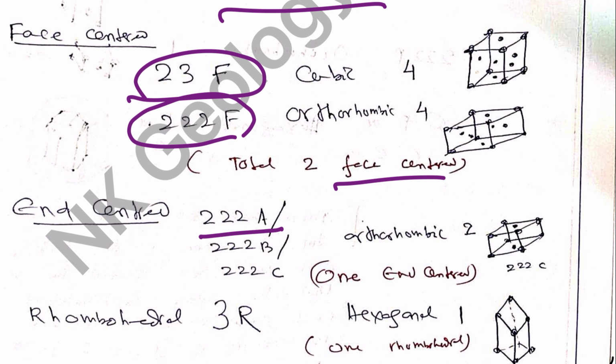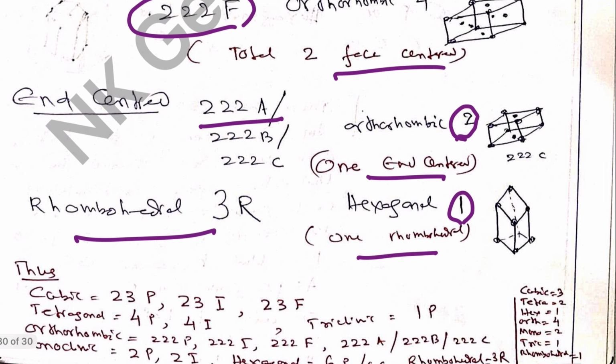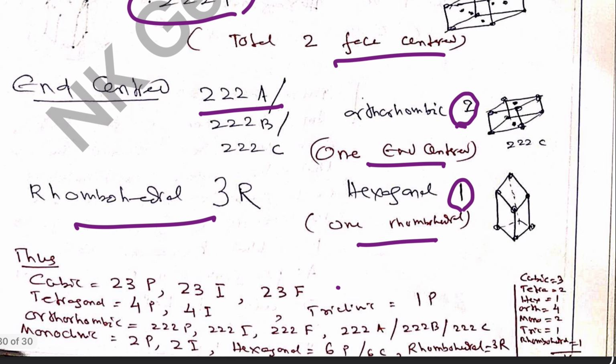It may be 222a, it may be 222b, or it may be 222c, and their contribution will be 2 lattice points end centered. If it is rhombohedral, it has contribution 1 lattice point. So thus there are 3 cubic lattices, 2 tetragonal lattices, 1 triclinic lattice, 4 orthorhombic lattices, 2 monoclinic lattices, 1 hexagonal lattice, total 14 Bravais lattices. This is total 14 Bravais lattices.